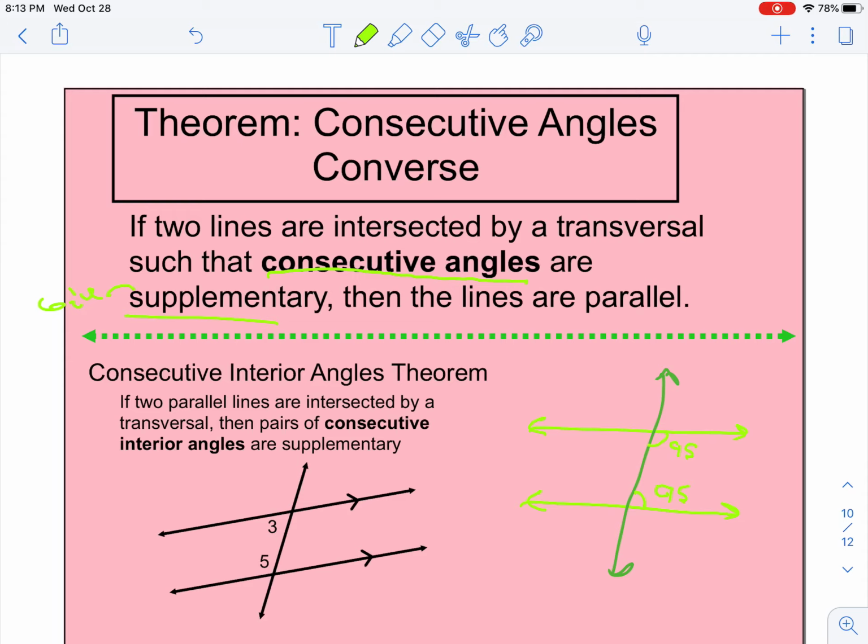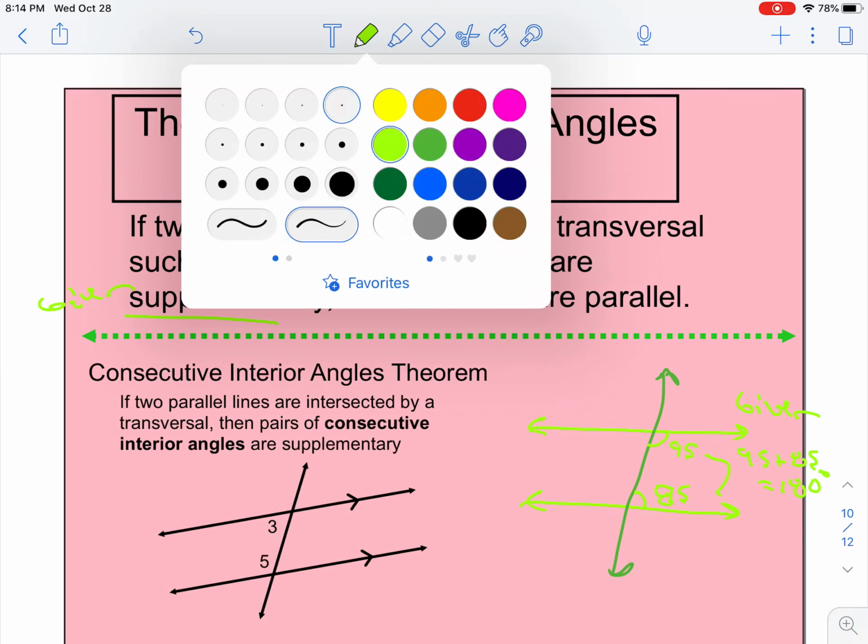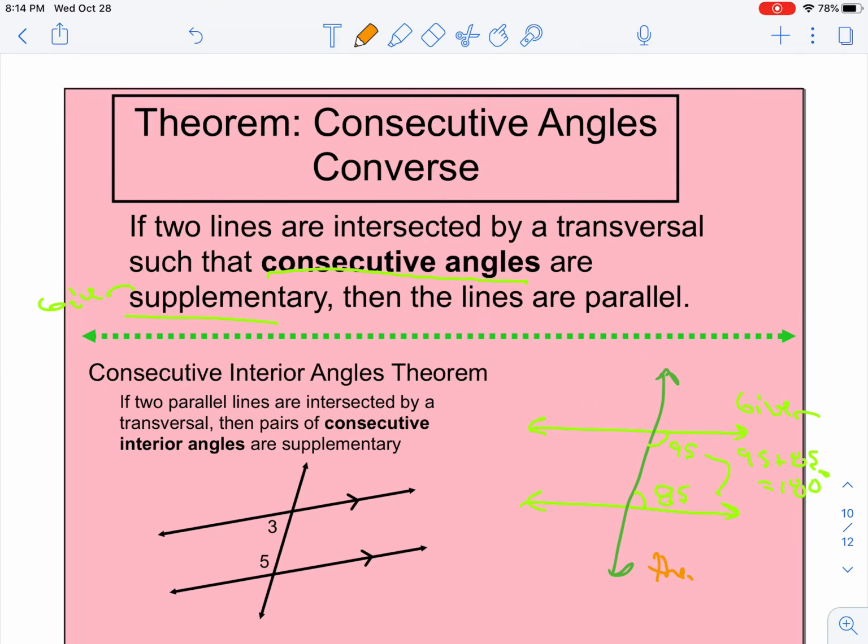Boy, I still don't have it right at first. That's supposed to be 85. All right. Well, if they're supplementary there, they add to 180. So 95 plus 85 equals 180. So we know they're supplementary. That's our given. Then the lines will be parallel.